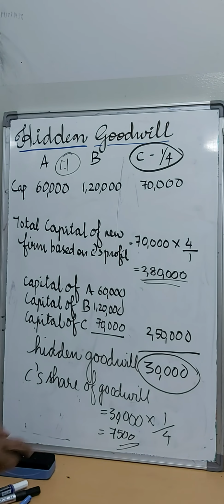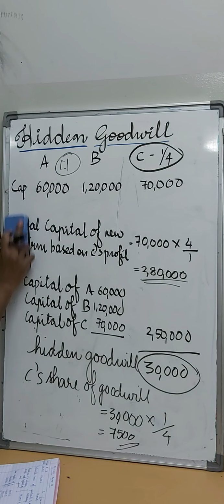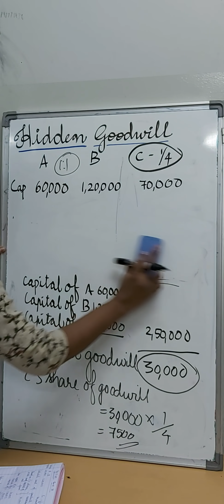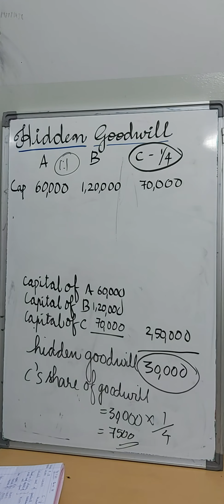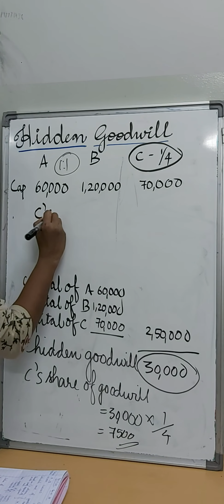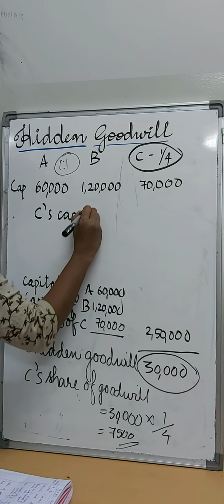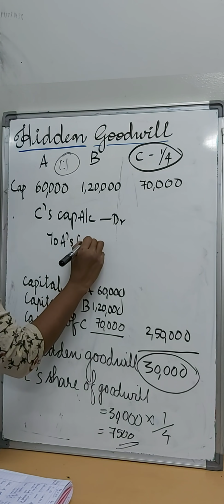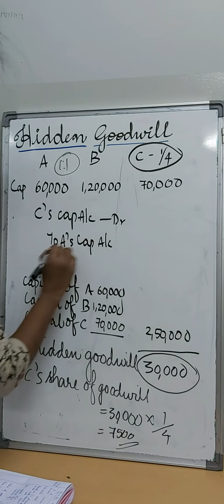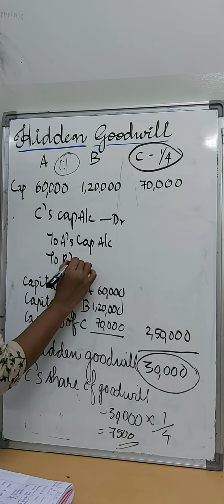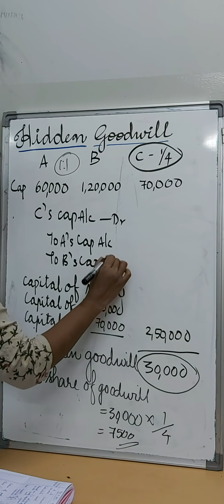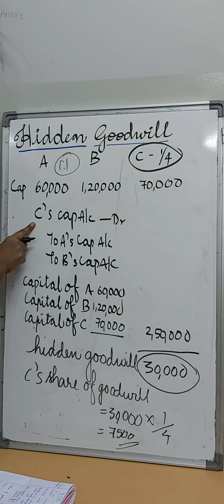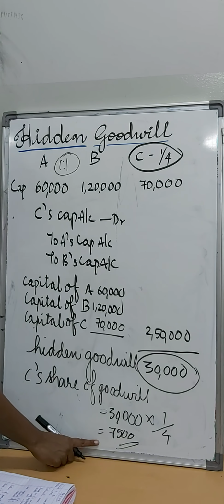Now I am going to pass the journal entry. What is the journal entry for goodwill? Gaining partner's capital account debit to sacrificing partners' capital account. Who is gaining here? C is gaining here. So C's capital account debit to A's capital account and B's capital account. What is the amount of C's goodwill? C's goodwill is 7,500.